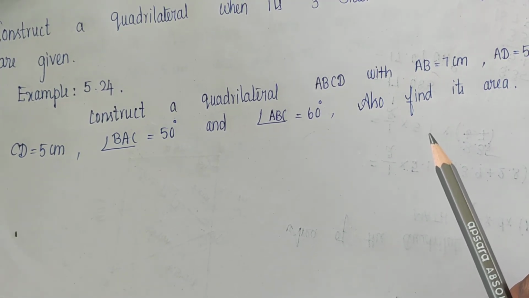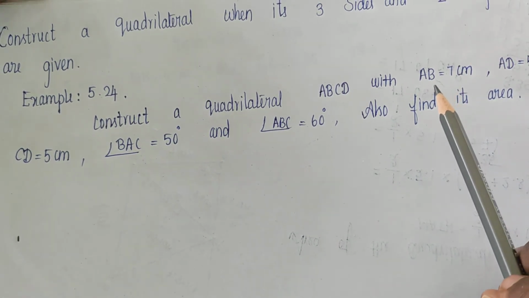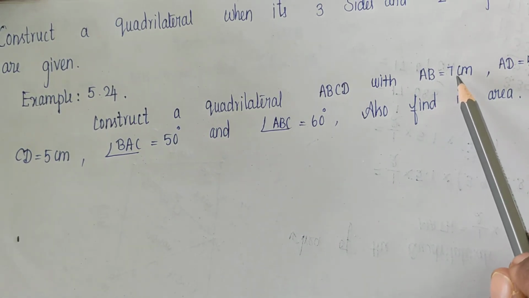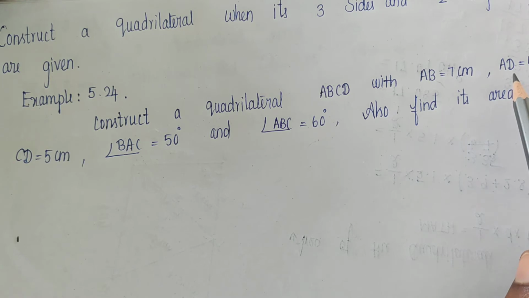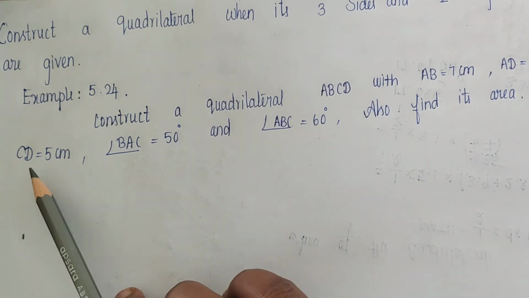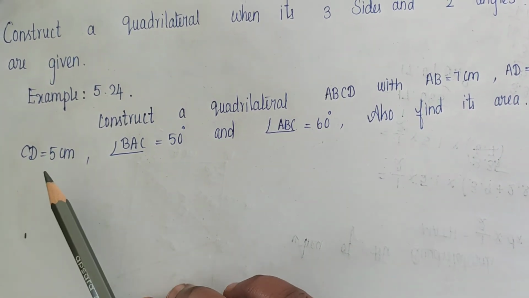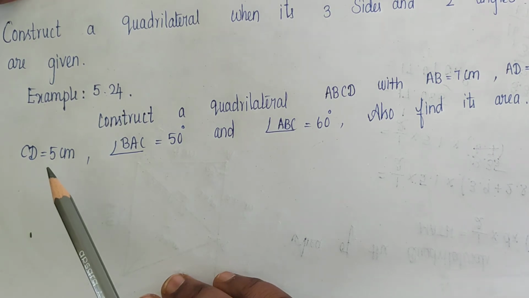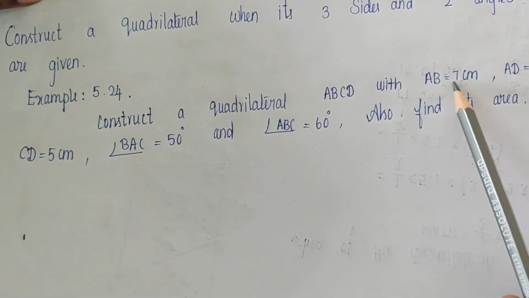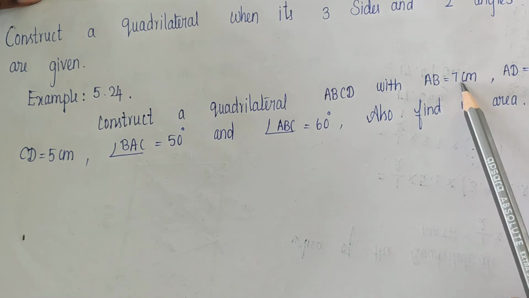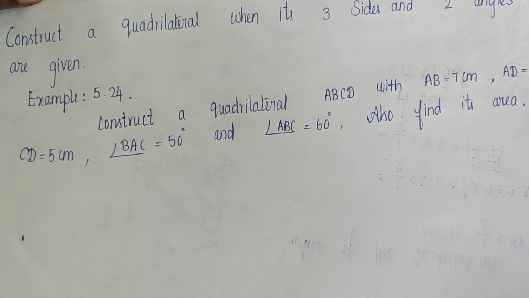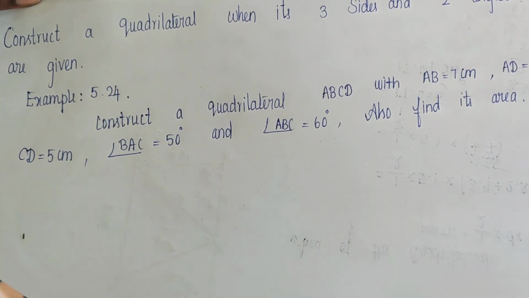Okay students, what is given in this problem? Three sides are given: AB equal to 7 cm, AD equal to 5 cm and CD equal to 5 cm.